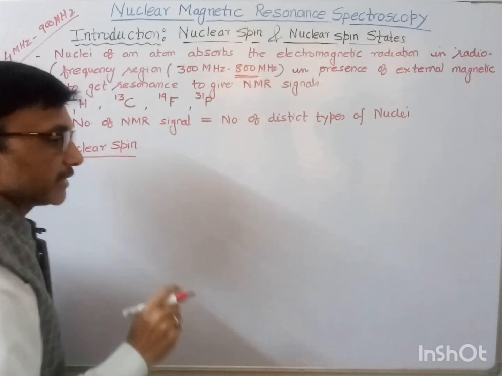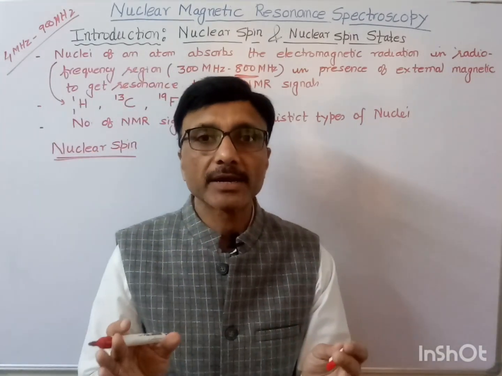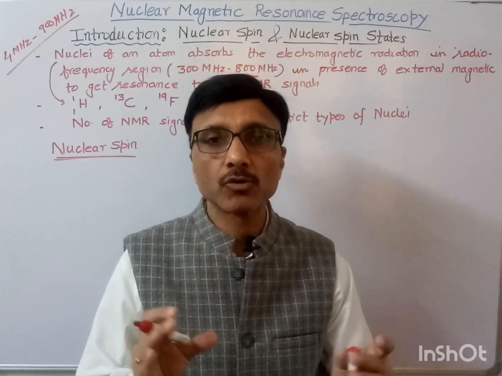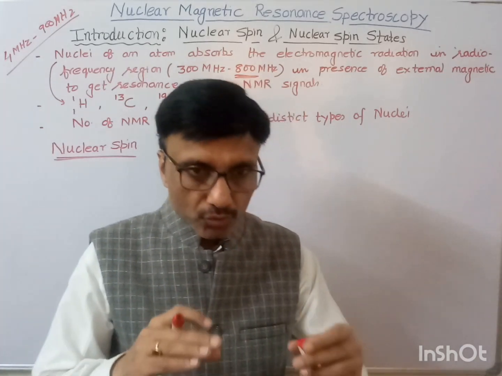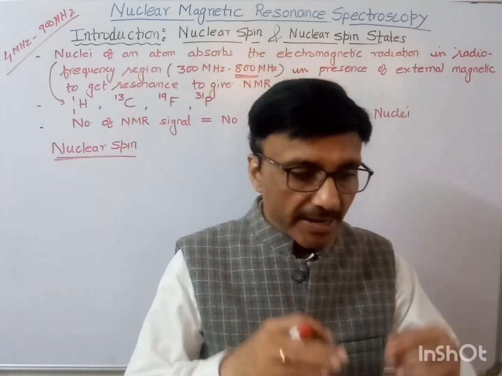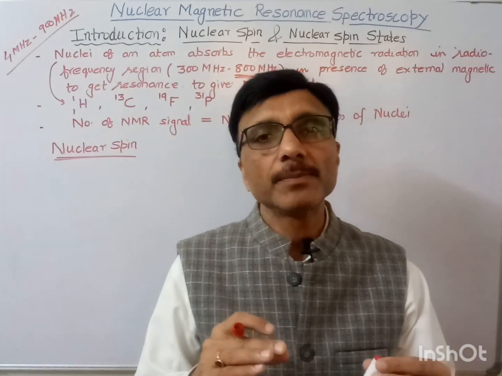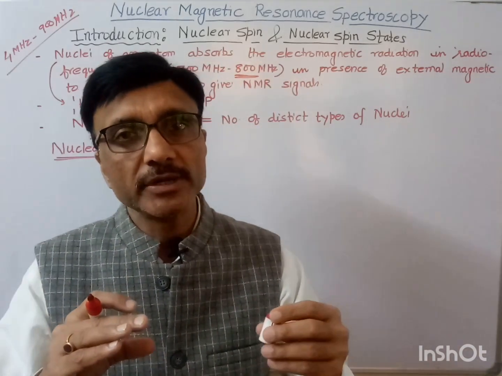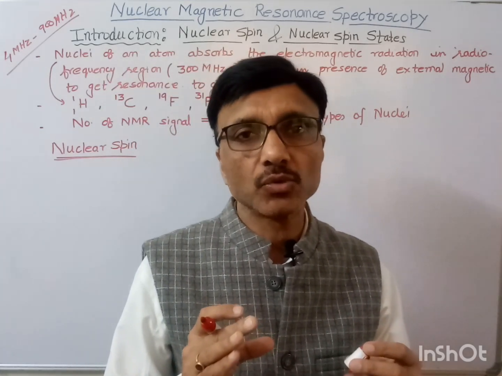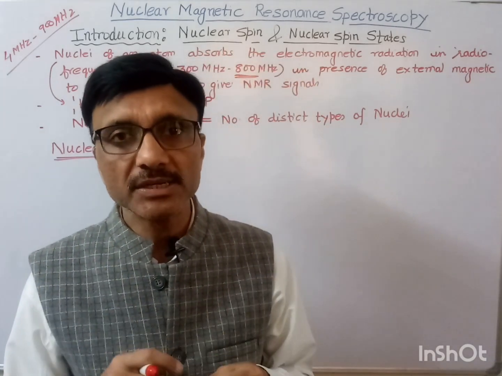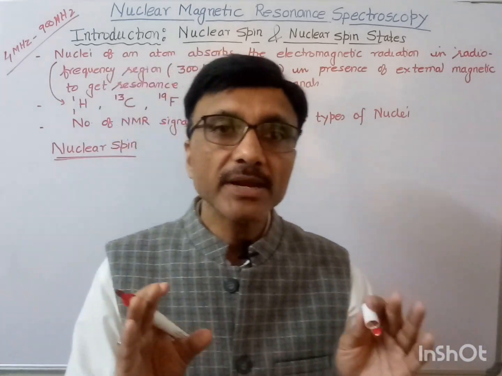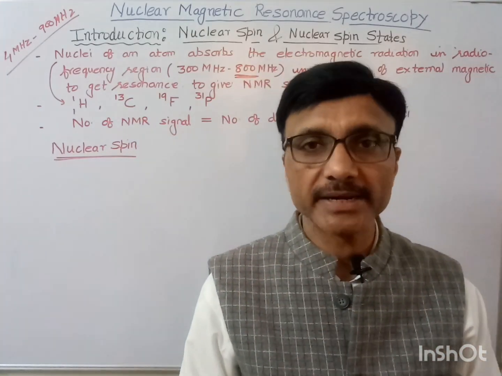We know that the electron can spin around its own axis. All of you know that, and due to this spinning, the electron behaves like a tiny magnet. In the same way, the proton can also spin around its own axis, and it can also behave as a tiny magnet. And if it behaves as a tiny magnet, then it will have a certain direction of magnetic field.